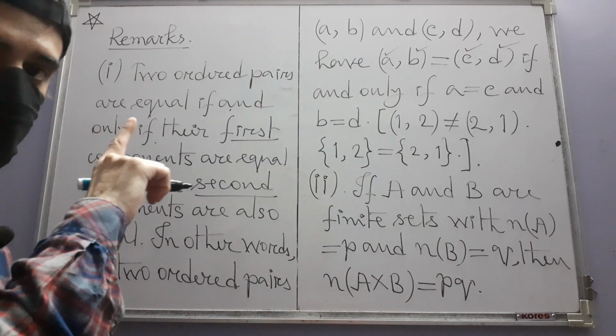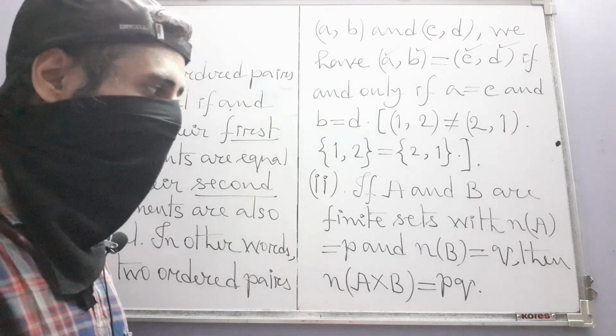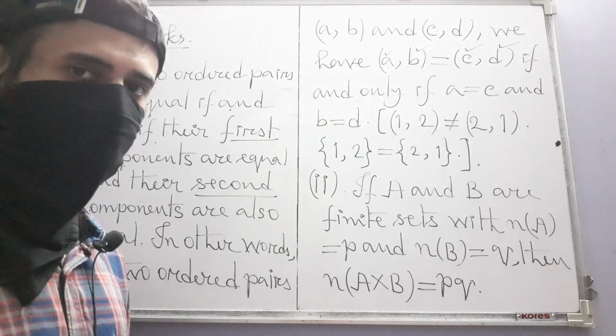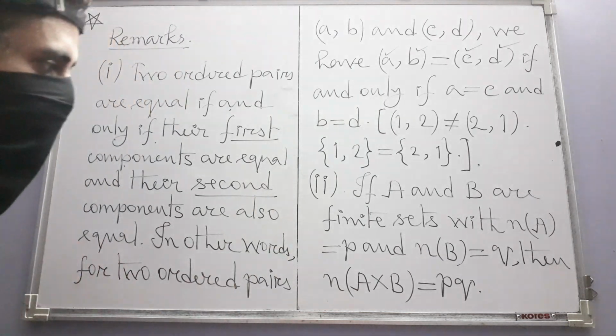That's how we got those numbers. In the first one we had 6 elements, in the second one 9, and in the third one 8.